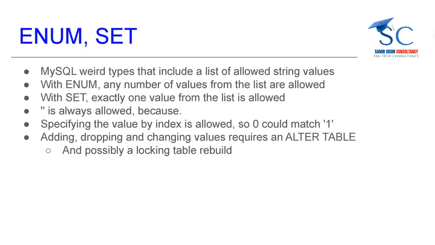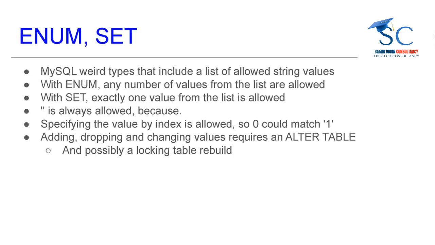Oh, then MySQL has two funny types, which are enum and set. Well, not funny. I mean, I see why some people consider them useful. Basically, they both allow a column to have a list of values that you define.